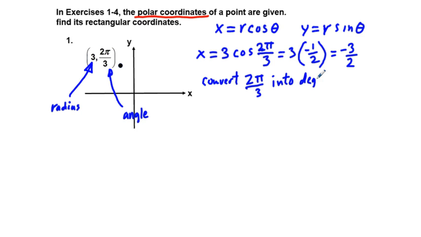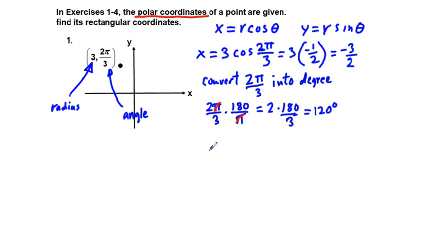And to do that, the conversion factor is we take this 2 pi over 3 and we multiply that 2 pi over 3 by 180 over pi. And pi over pi will cancel, and what you have left is 2 times 180 over 3. Well, 180 over 3 is going to be 60, and 2 times 60 is 120, so we have 120 degrees.